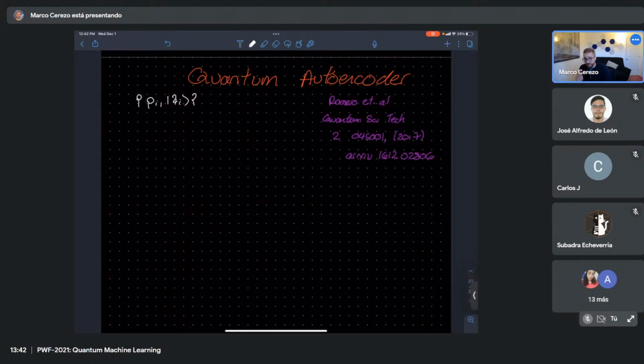What does this mean? This means that I want to give you a set of quantum states, and those are n-qubit quantum states. And what I want you to do is compress the information in this data set to a smaller number of qubits. So you can think about me having n qubits. This is information that is spread throughout n qubits, but I want to compress it, because maybe I want to send it through a quantum channel, and it's cheaper for me to send fewer qubits.